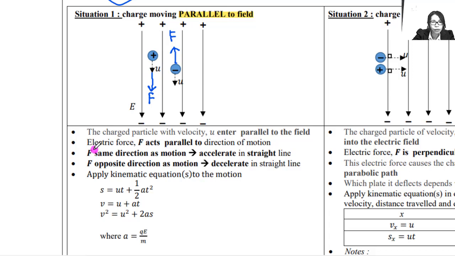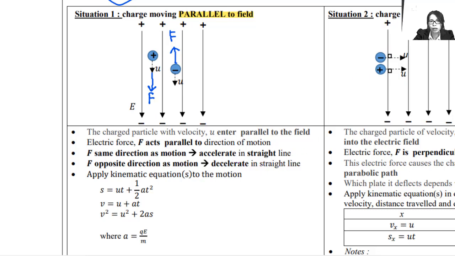Jadi for the force in the same direction as the motion, we will find that the charge will accelerate in a straight line. If the electric force is acting opposite in direction to the motion, contohnya macam charge negatif ni, then the charged particle will decelerate in a straight line.